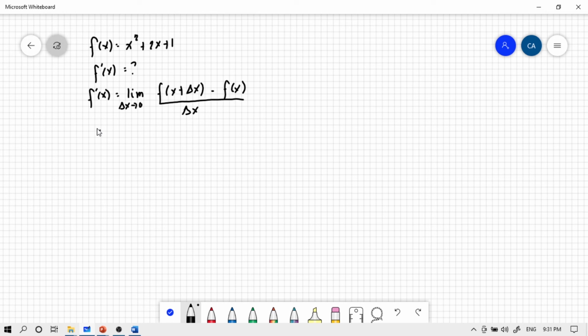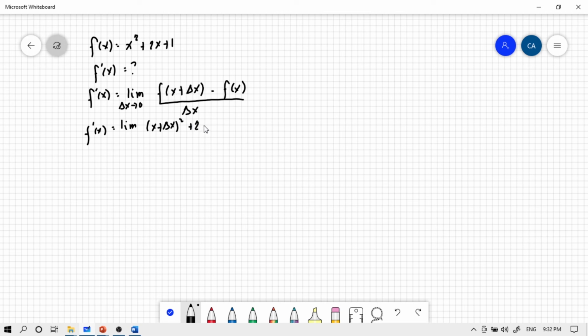Again, first step natin, substitute x plus delta x sa ating x. So we have f prime of x equals the limit of, substitute natin si x plus delta x sa x squared, x plus delta x squared plus, substitute natin si x plus delta x sa 2x.